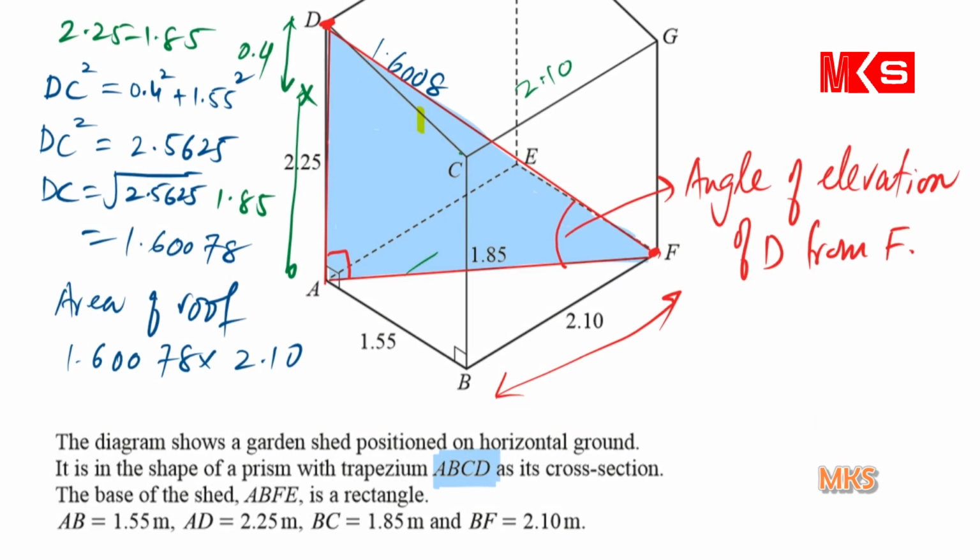What we can do is find AF, as AF is the diagonal of the base rectangle. So we can use Pythagoras theorem to find AF because AFB is a right angle triangle at B and AF is the hypotenuse.